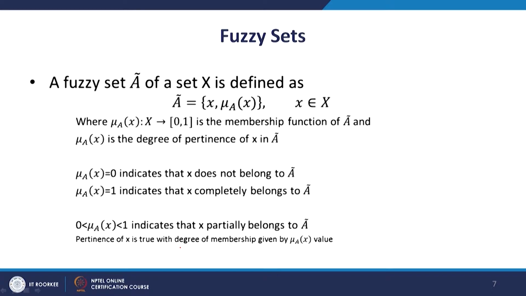So, the pertinence of x is true with the degree of membership given by mu A of x. For any given element x belonging to set capital X, when we apply this function mu A, the value that we get indicates the degree of membership or the pertinence. So, this is how we define a fuzzy set A tilde for a given set.